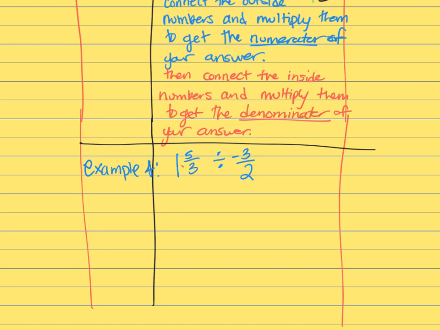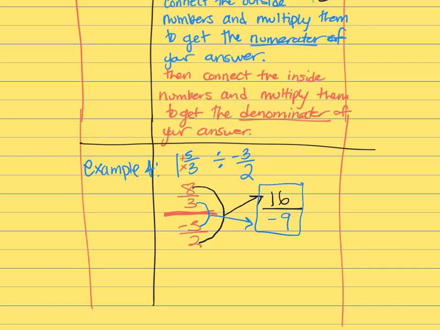So 2 times 3 is 6, 6 plus 1 is 7. Now, according to the ear method, I have to connect my outside numbers and multiply them. And that's going to be my numerator. And my inside numbers are my denominator. This is my improper fraction.